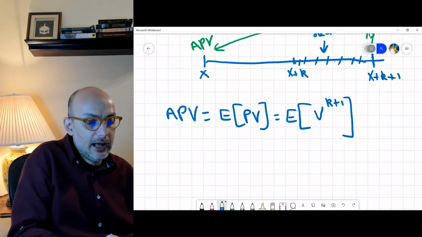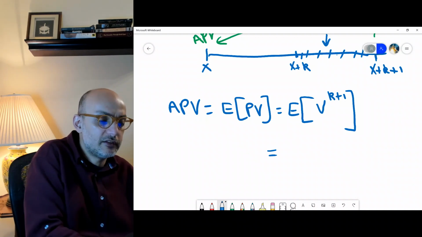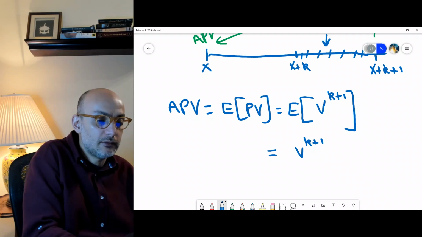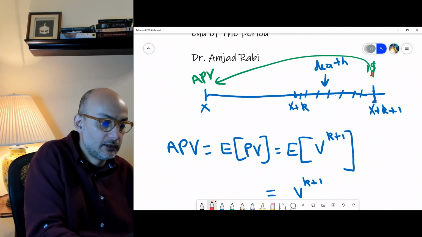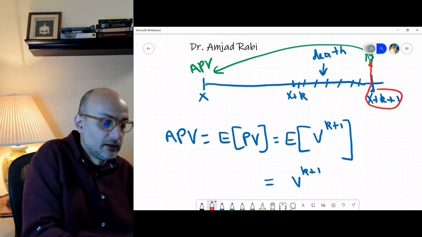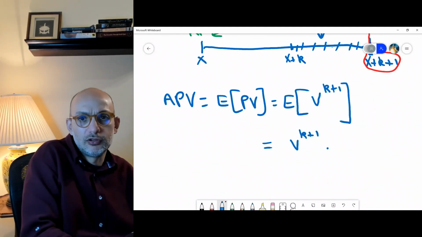And how will we calculate the expected value? As always, expected value, we multiply by the probability of this event to occur. So V^(K+1), because we bring it back from K plus 1. Then we need to multiply it by the probability.